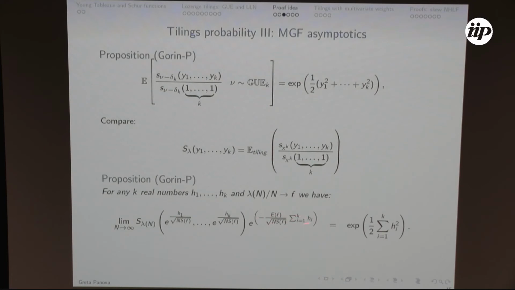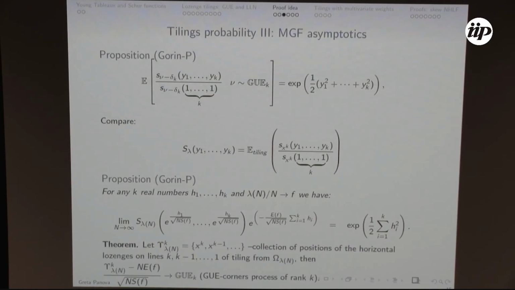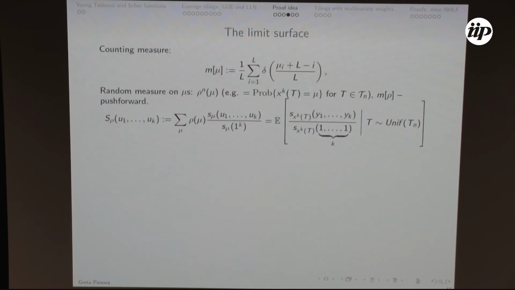We subtract the mean for the positions of these lozenges, and using some analysis on these normalized Schur functions, we get this expectation, and then we can get the convergence of random variables as we wanted, under this normalization. Okay. So this is for the Gaussian unitary ensemble random matrices.